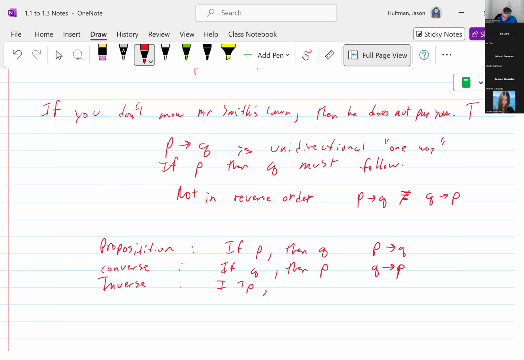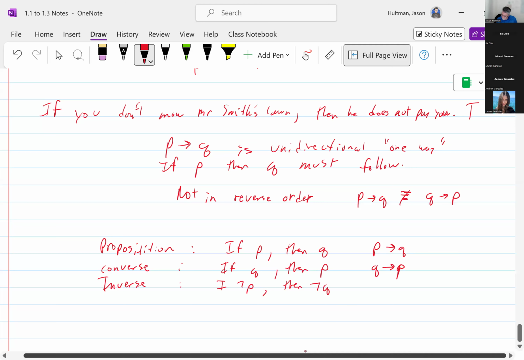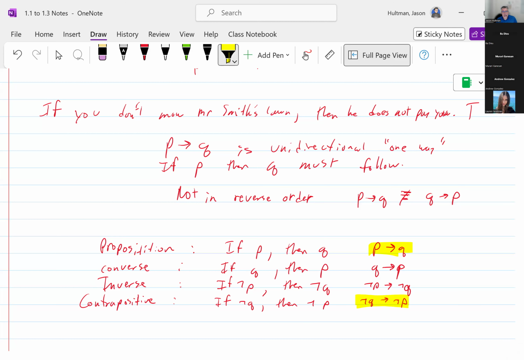If not P, then not Q. Not P, not Q. And the contrapositive is if not Q, then not P. Not Q implies not P. And the original proposition and the contrapositive will have the same truth value. So it will have the exact same truth table.